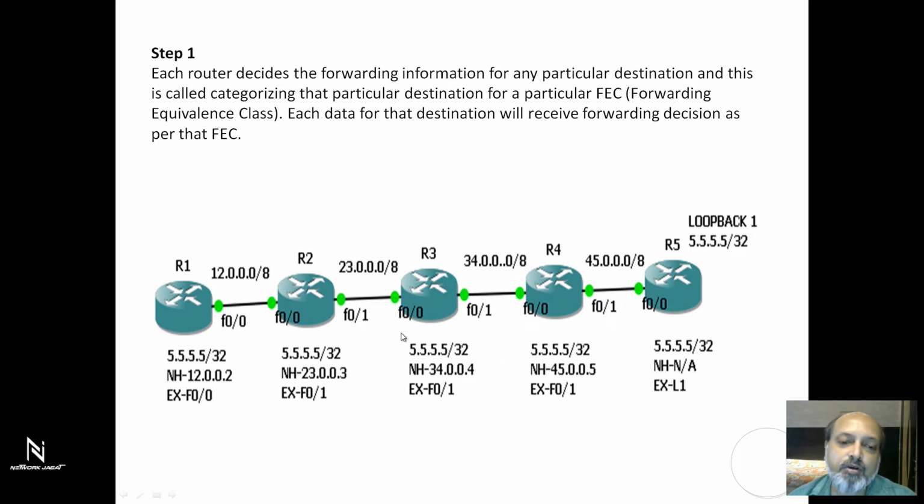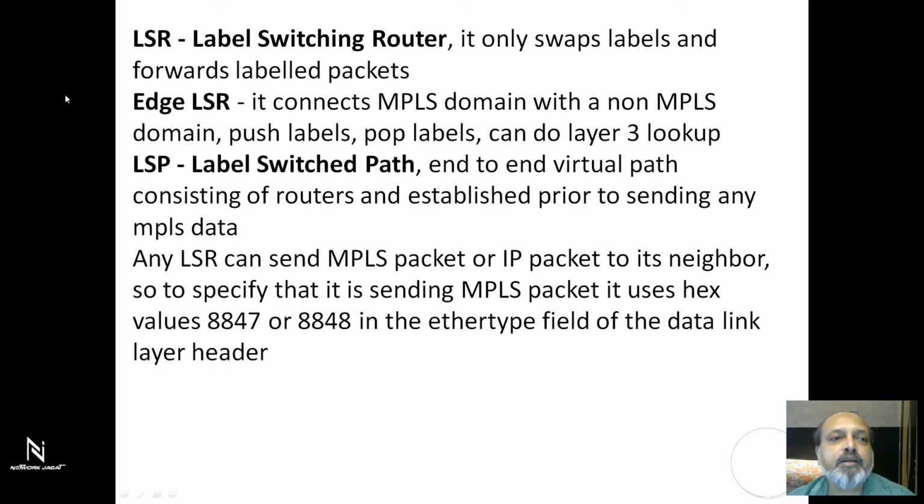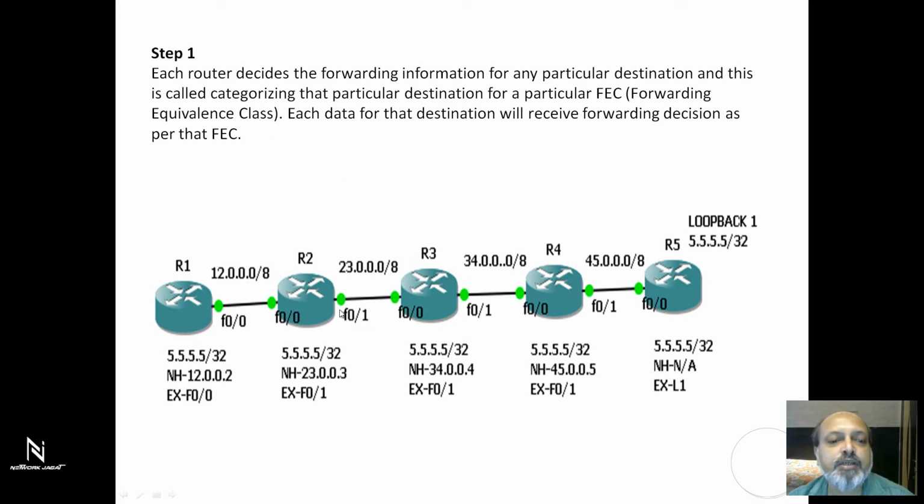Okay. So now I have mentioned in the previous slide that a normal LSR only swaps labels and forwards the labeled packets. That means these three routers can swap labels and forward the labeled data, right?